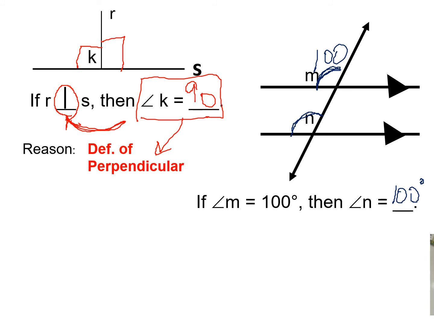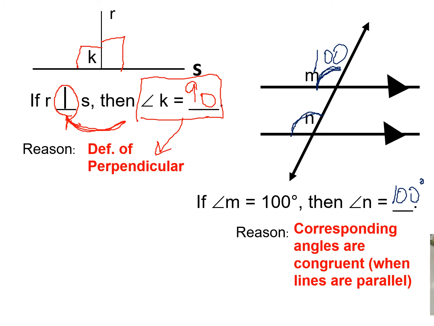What made them match? They were special kind of angles. And so you put corresponding angles are congruent when the lines are parallel. You can abbreviate it, so don't freak out. So you write corr. angles congruent when parallel. How about that? So that's not as bad as having to write it all out.